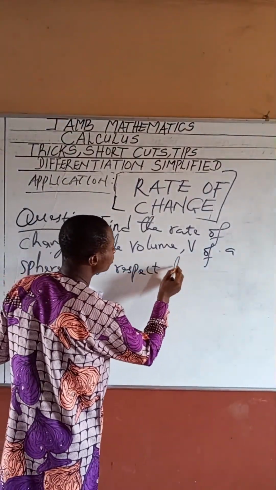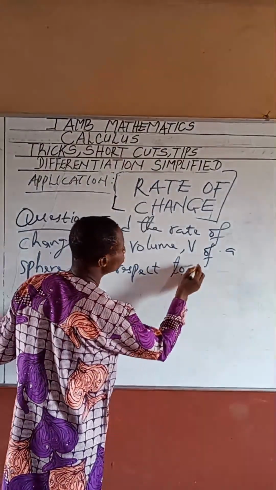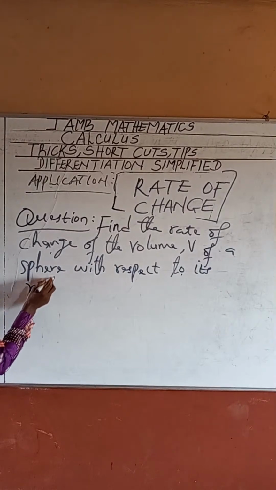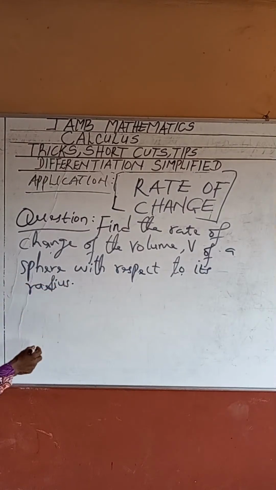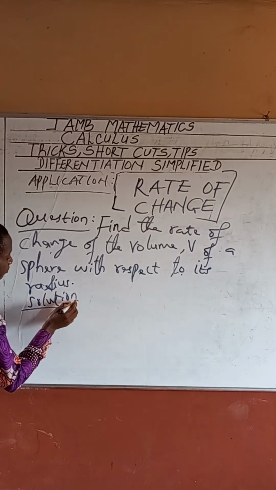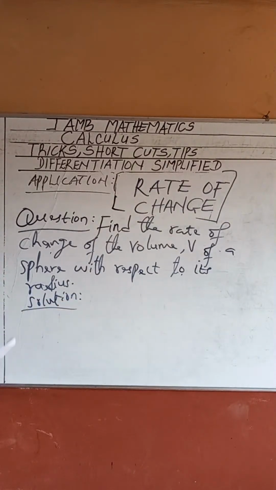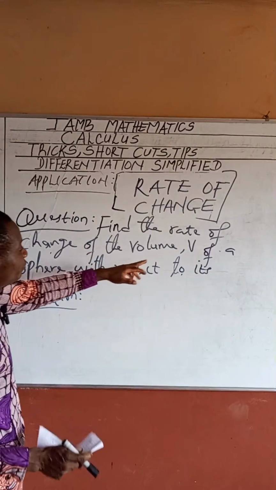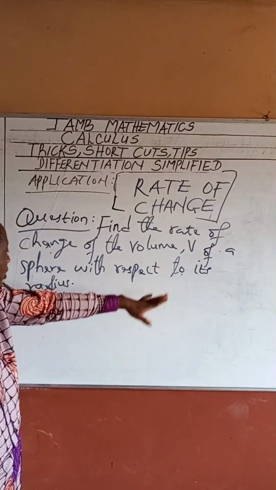So this is the question: find the rate of change of the volume V of a sphere with respect to its radius.